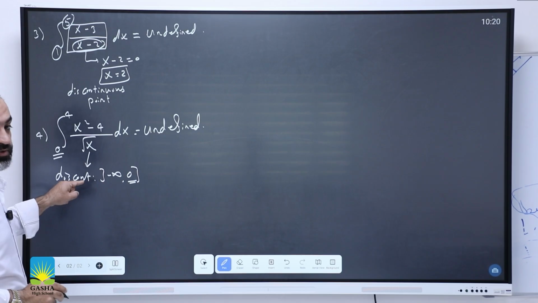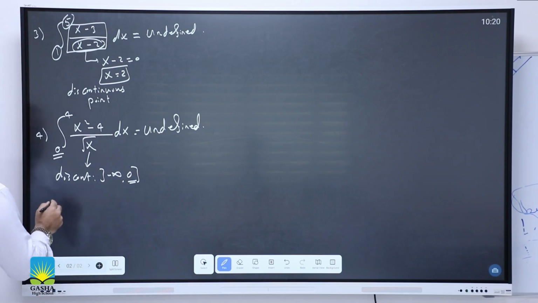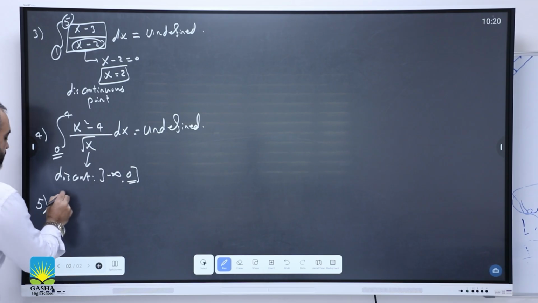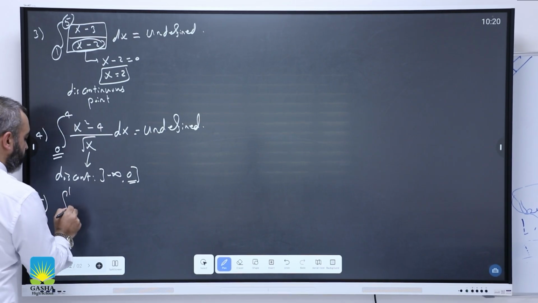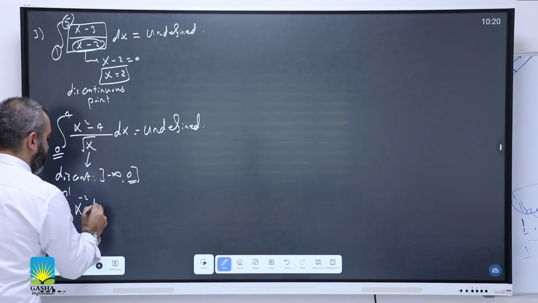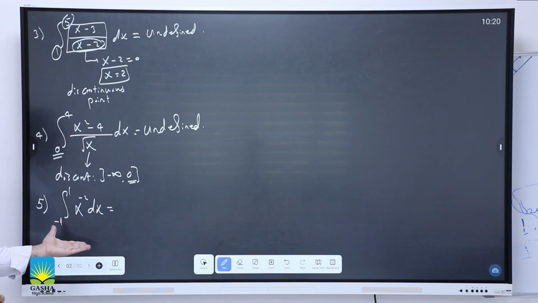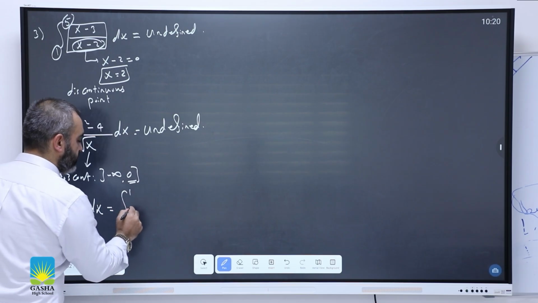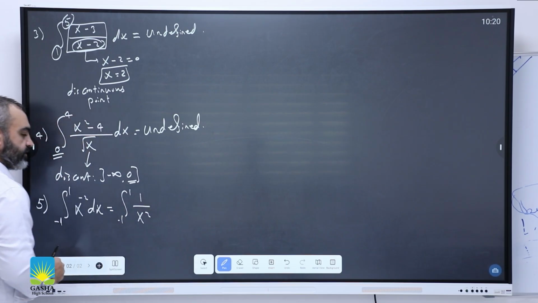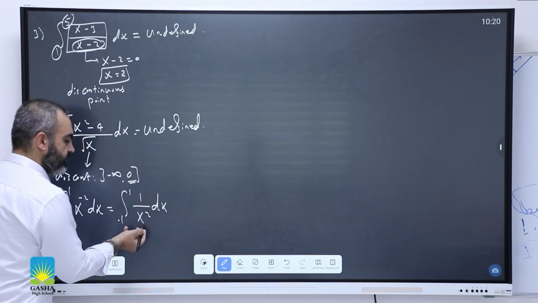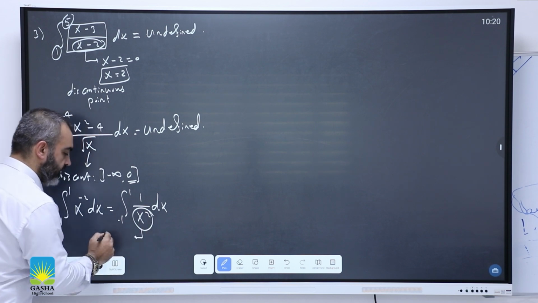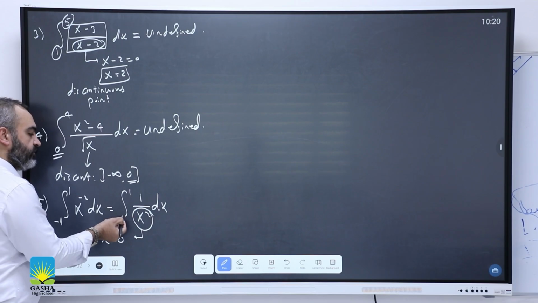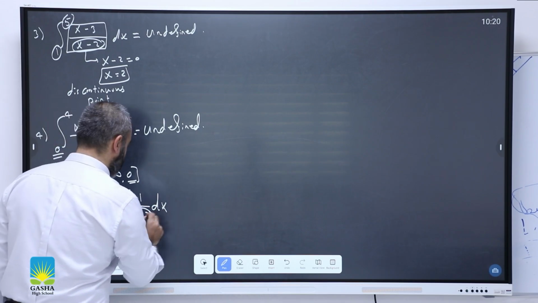It's very, very important, because in the book we have the integral from negative 1 to 1 of x to the power negative 2 dx. So x to the power negative 2 is 1 over x squared. The discontinuous point here is x equal to 0, and 0 is between negative 1 and 1.